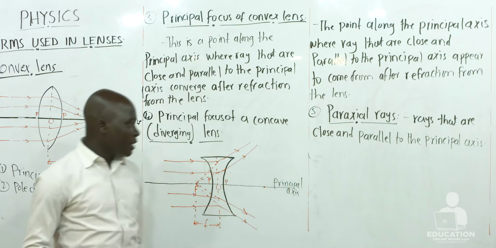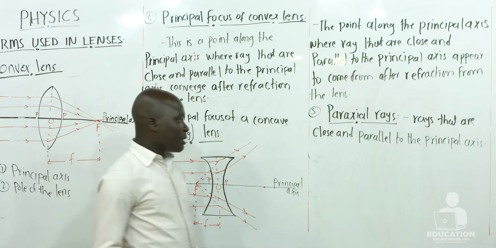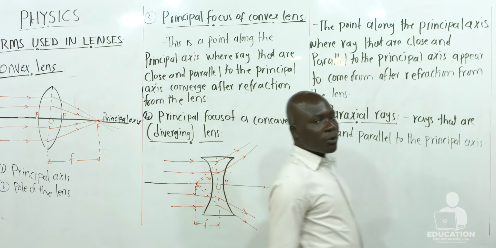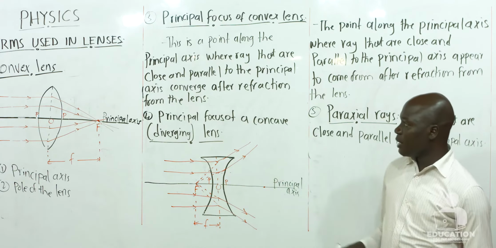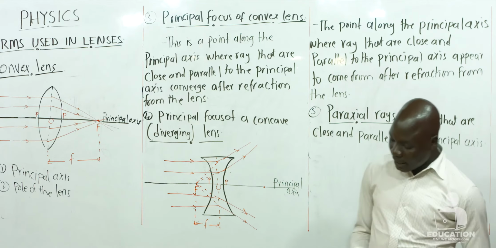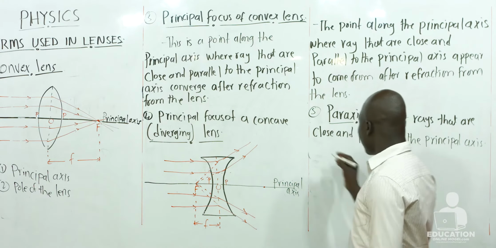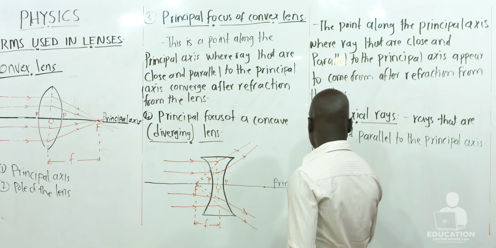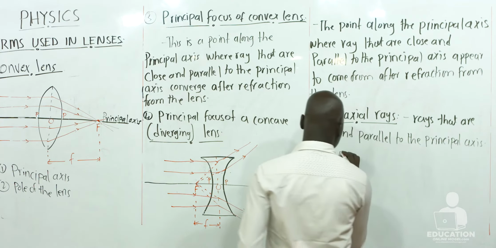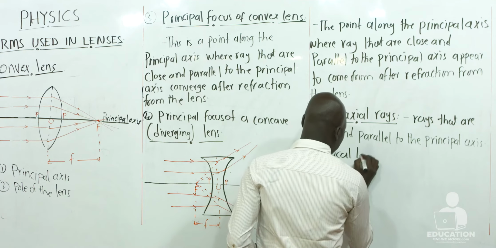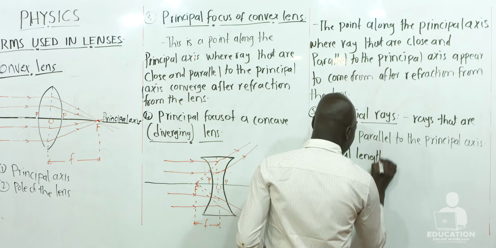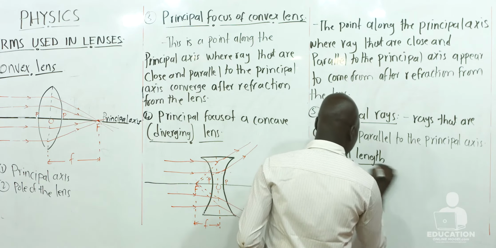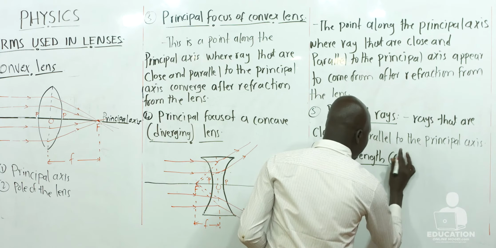Dear learners, there are still very important terms that we always have to note as we are dealing with lenses. The next term is the focal length. That is term number 6. We denote it with small letter f.